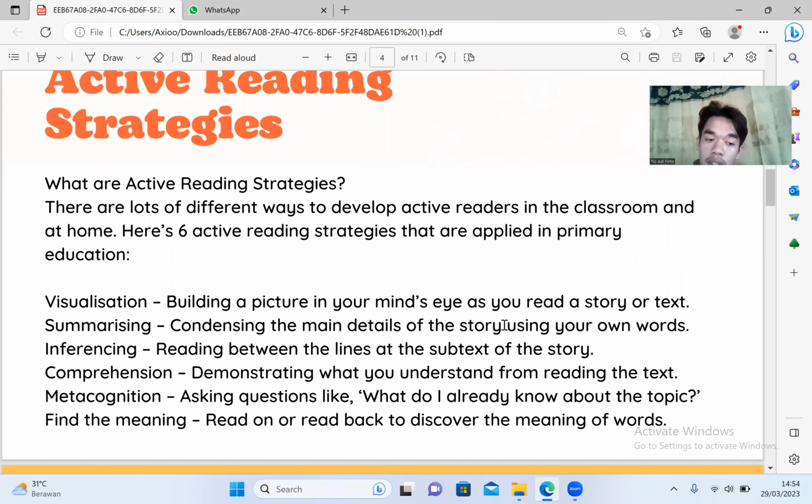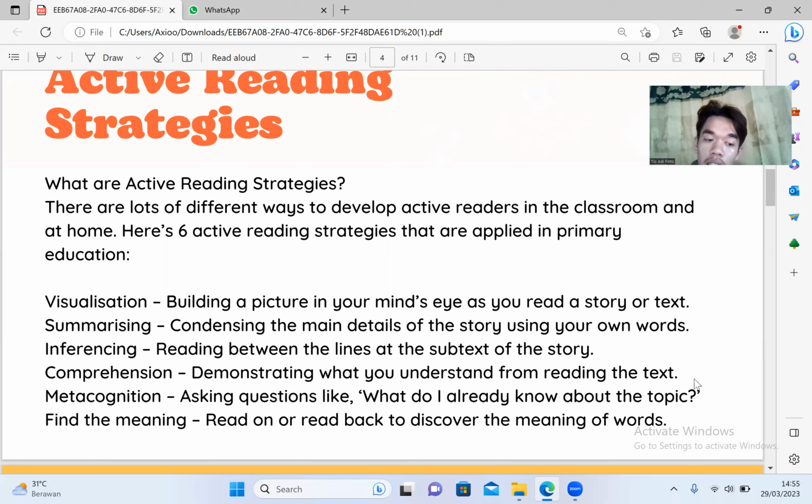The second is summarizing, condensing the main details of the story using your own words. The third is inferencing, reading between the lines at the subtext of the story.